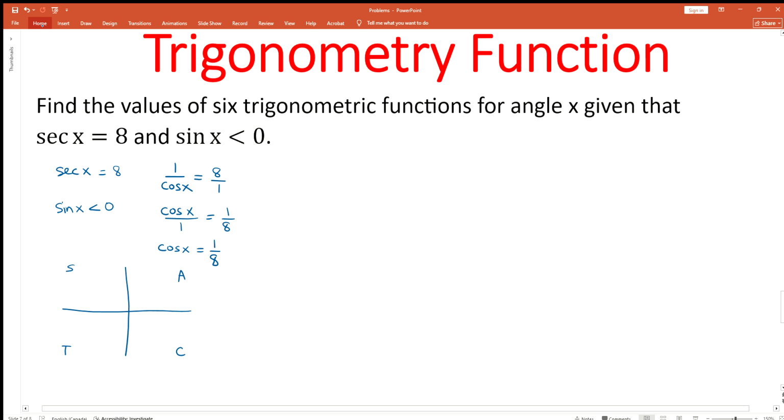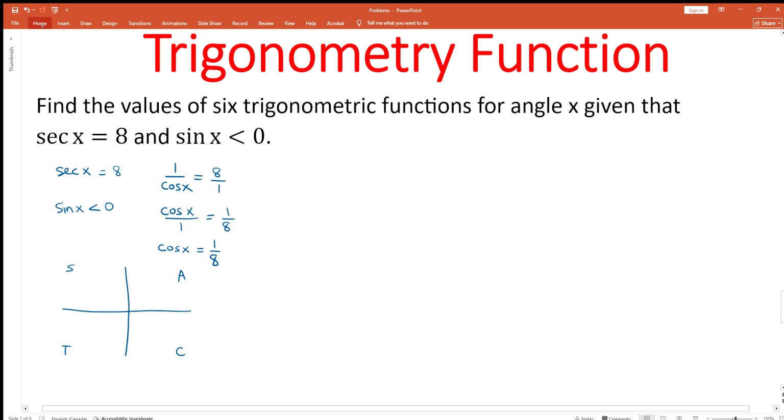That means angle x can lie in quadrant 3 or quadrant 4. We also know that cos x is equal to a positive value 1 over 8. Out of quadrants 3 and 4, cos is positive in quadrant 4. That means angle x lies in quadrant 4.